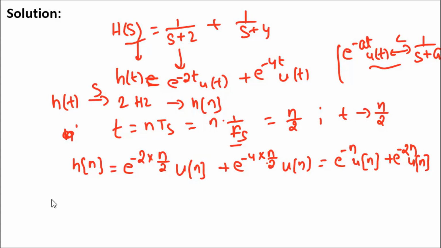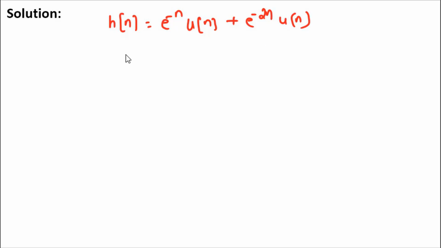Now, to find the z transform of this h(n), I will use the z transform of a^n u(n), which is given as z over (z − a). Now you have h(n) equal to e^(−n) u(n) + e^(−2n) u(n).